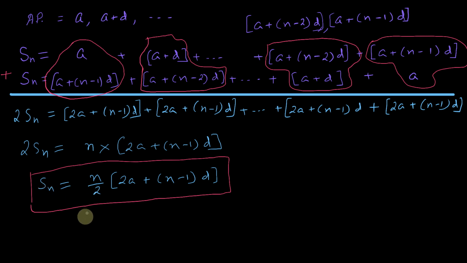One more thing, this formula can also be written as n upon 2 into 2a can be written as a plus a. This term remains the same, n minus 1 into d.